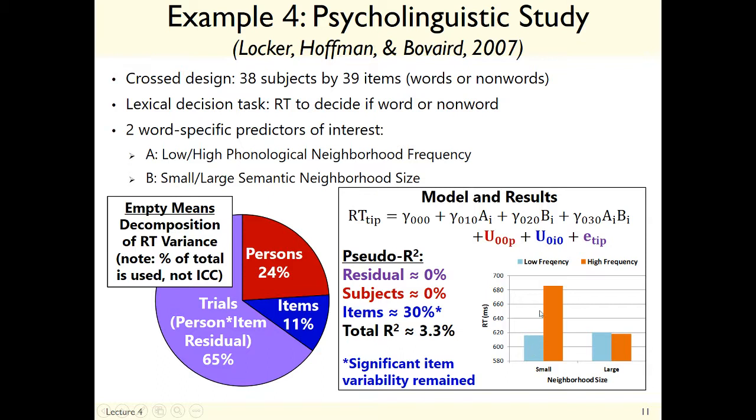So in this case, let's look at the difference between the orange bars. In a high frequency word, some people are slowed down more by having a small neighborhood than a large. So this difference between the orange bars, that's on average. What if people were differentially susceptible to this manipulation? That's a random slope.